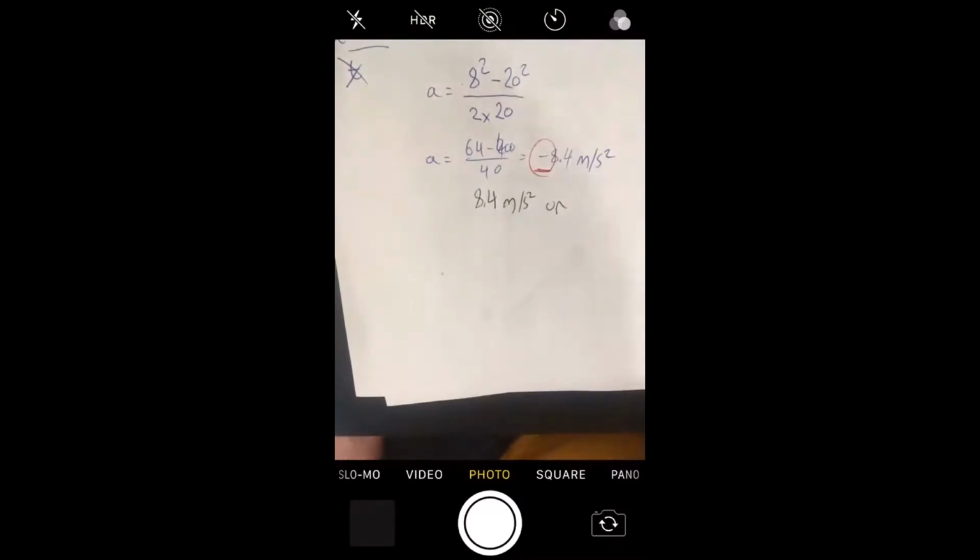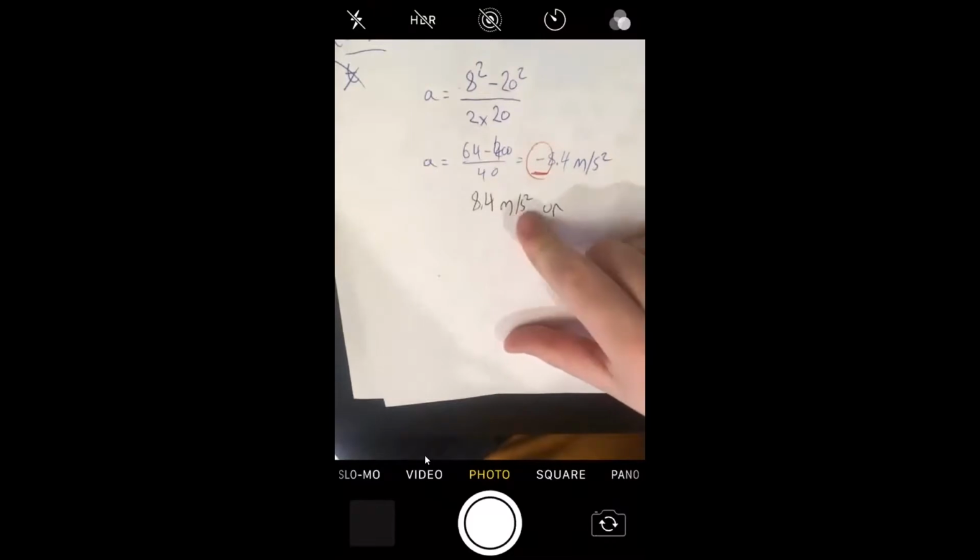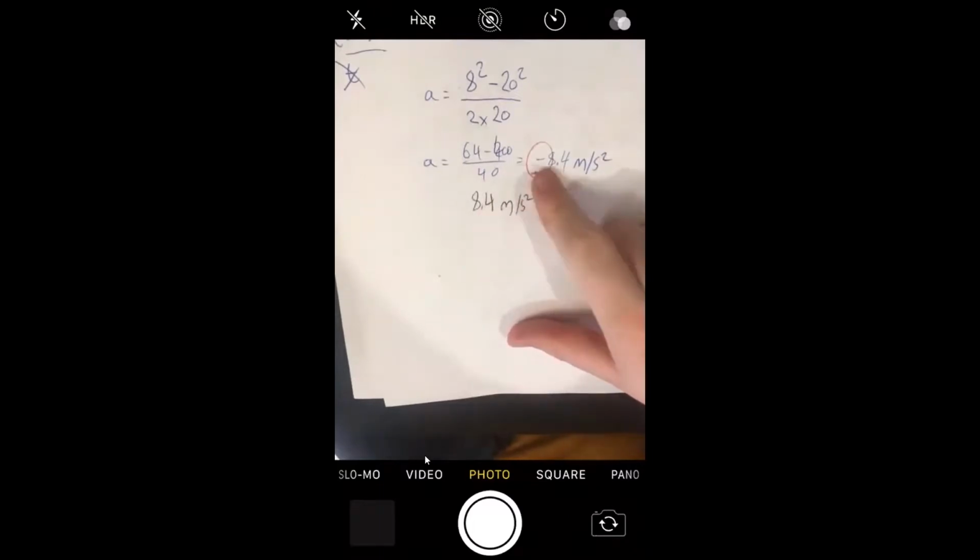That doesn't mean that you've moved east. That means you've moved negative 20 meters east, which means you've moved 20 meters west. So by saying negative 8.4 meters per second squared up, I would be doing a double negative.